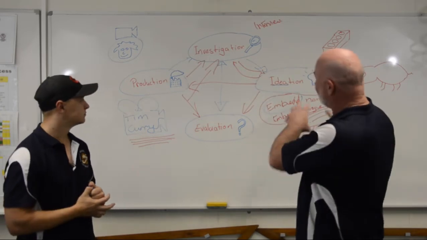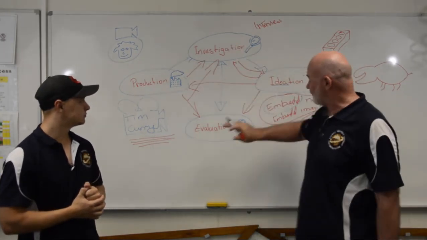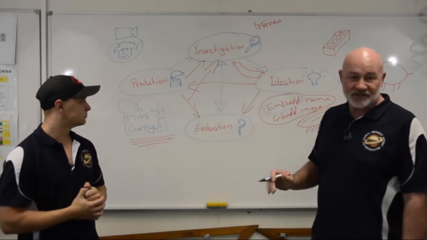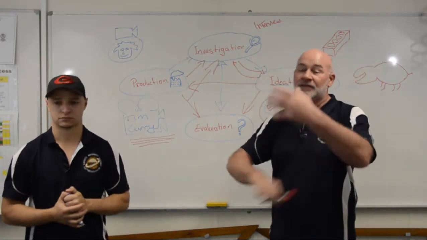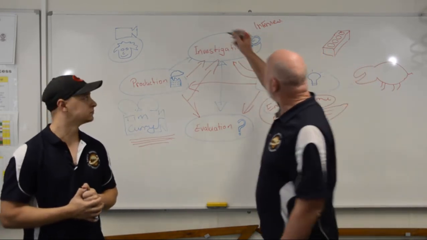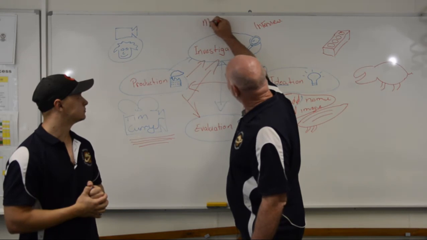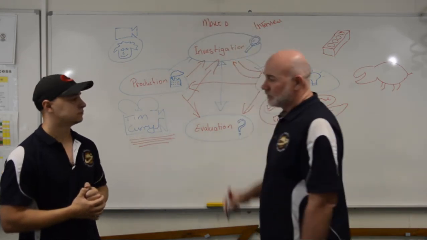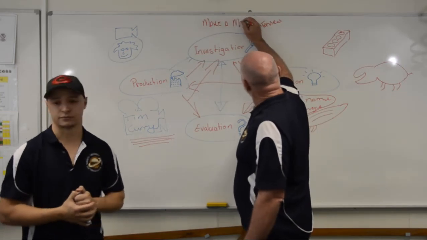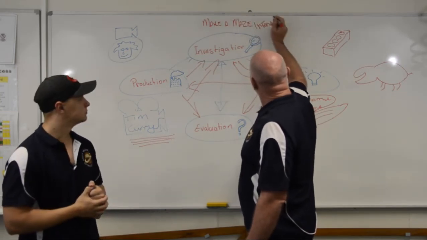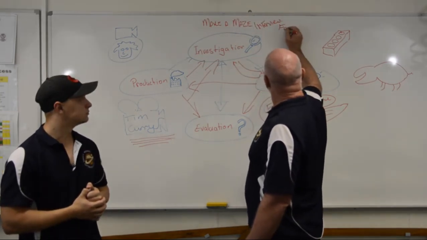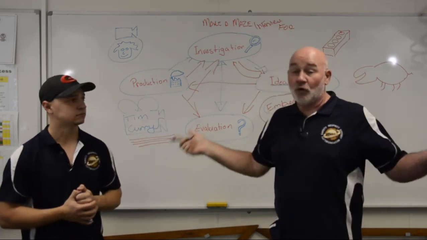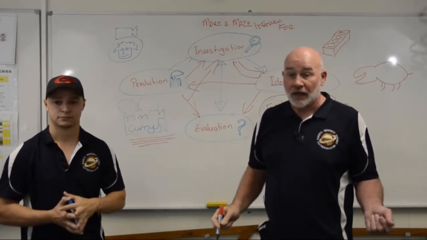But as we've gone through, we've gone investigate, production, evaluation, ideas, and we've kept coming backwards and forwards. And our problem was make a maze for Mr. Kerr. Yours will be for the person that you choose.